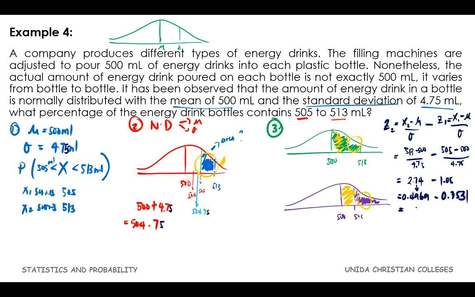So, ima-minus lang natin sila para makuha natin yung area na kailangan natin. Pag sinubtract nyo yan, class, you will get 0.1438. Okay? So, ibig sabihin, itong part na to, itong nawawalang area, ay ang area na hinahanap natin, that is 14.38% or 0.1438. Okay? So, ayan yung kanyang area.